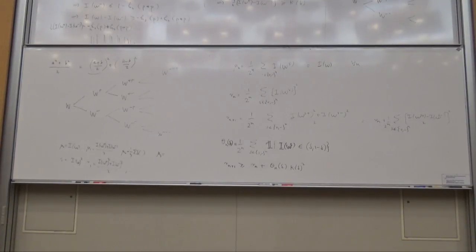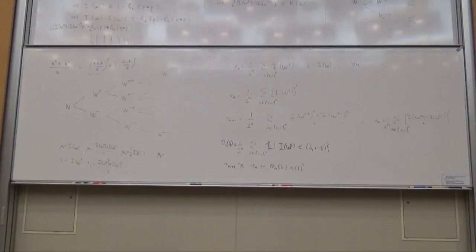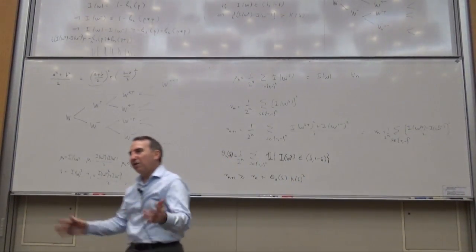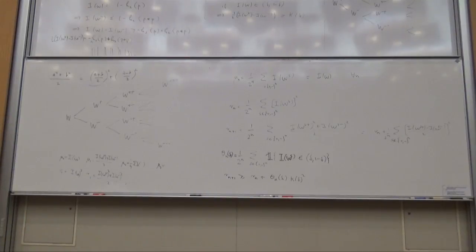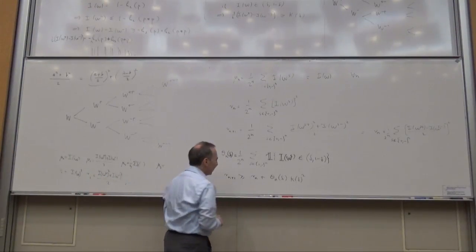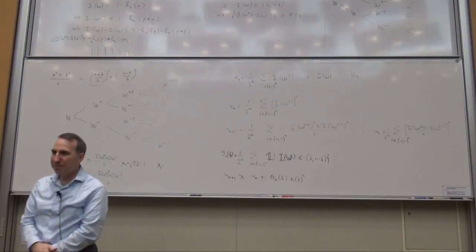Each of these mediocre channels contributes to this sum at least kappa delta squared. The non-mediocre channels, I don't know how much they contribute, so I lower bound them by 0. Okay, this is the contribution to this squared, so I have this. Right. Good. So this inequality here.